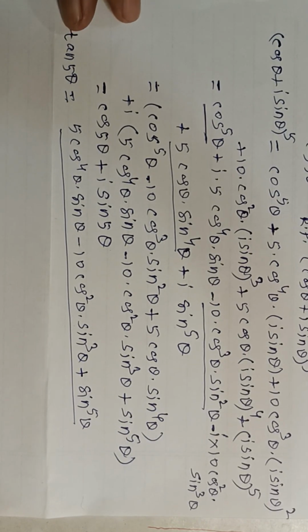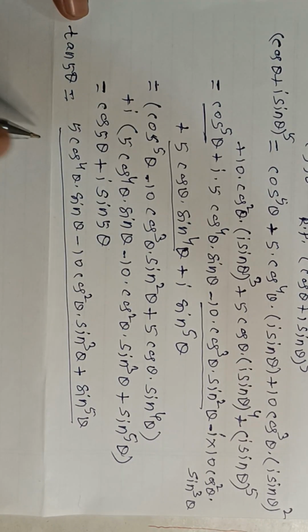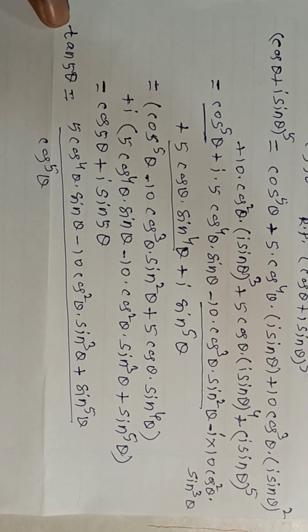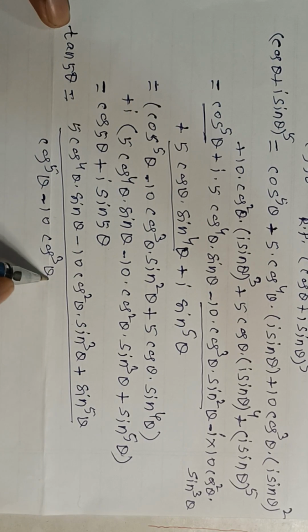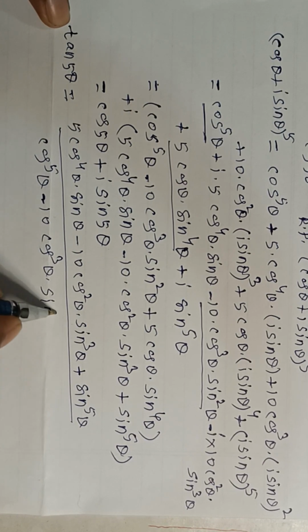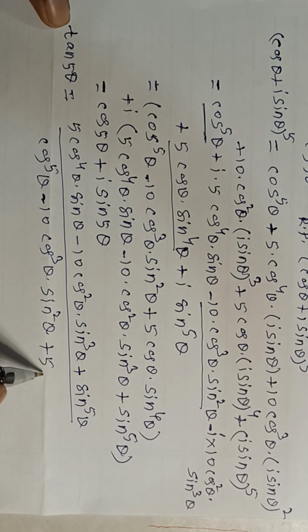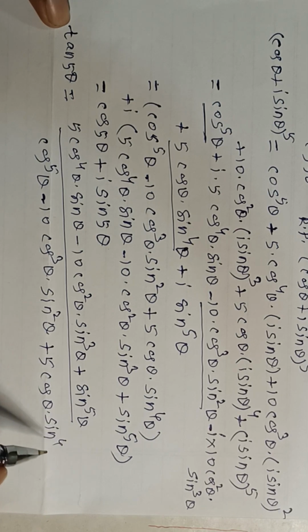And cos 5 theta is the real part: fifth power of cos theta, then minus 10 times cos cube theta into sin square theta, plus 5 times cos theta into fourth power of sin theta.